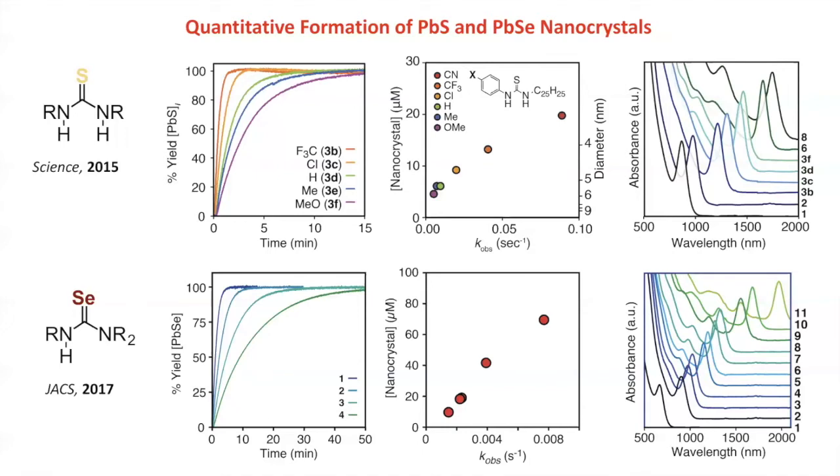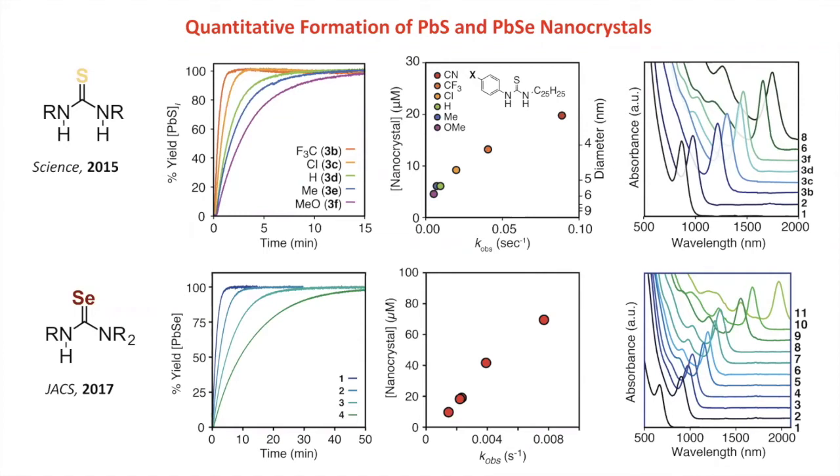And one of the cool technological advantages of a method like this is that if you want to get a particular size, rather than stopping the reaction by cooling it down, what you do is you just change the compound and you change the number of crystals and you drive all of the starting materials to products.